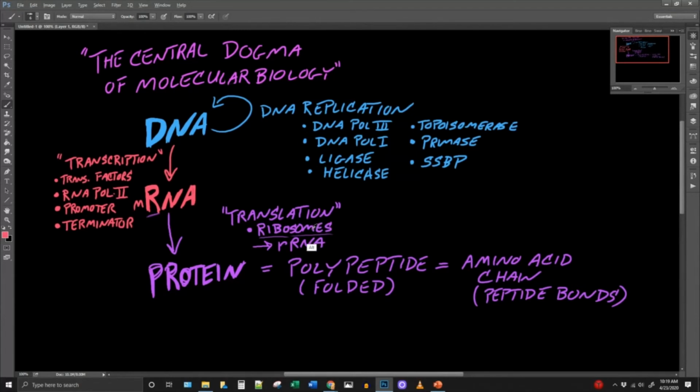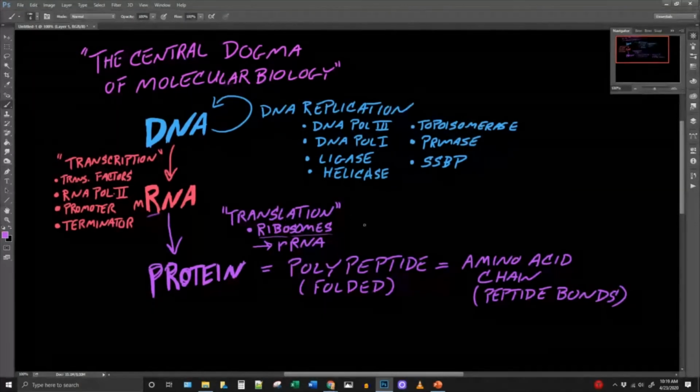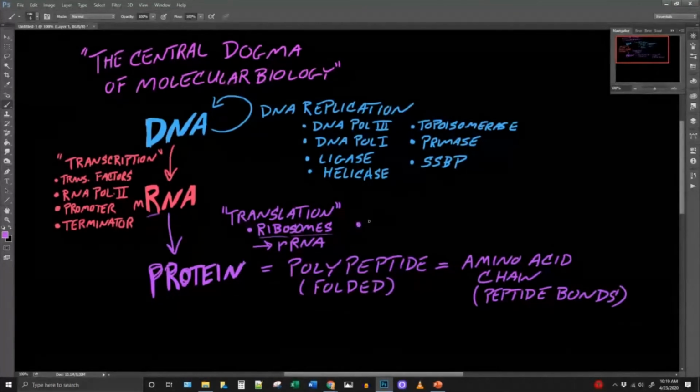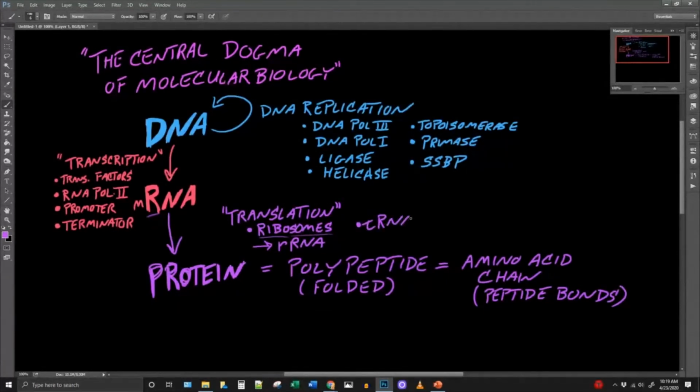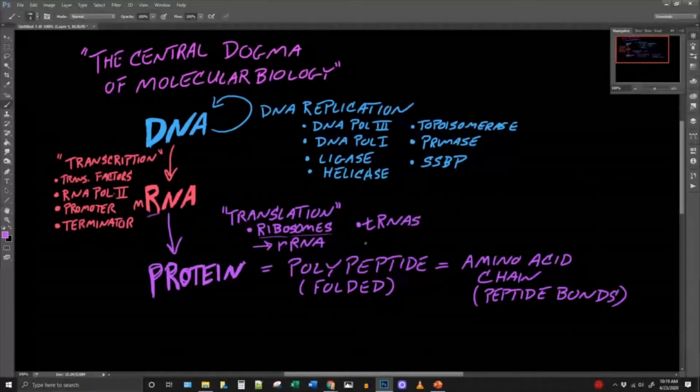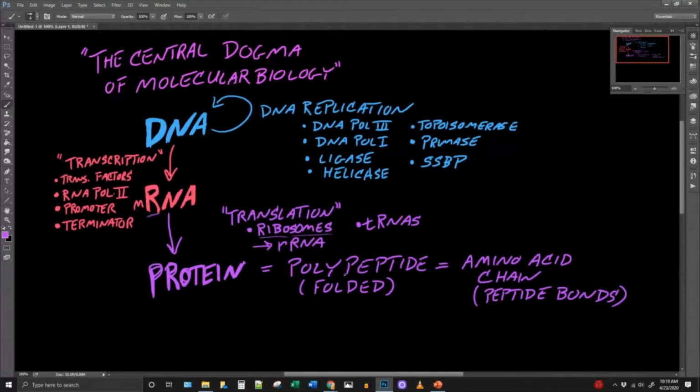We're also going to need tRNAs. tRNAs bring new amino acids to the ribosome one at a time, and they also have something called an anticodon on them, which reads the three-letter codes on mRNA, which is called a codon, right?